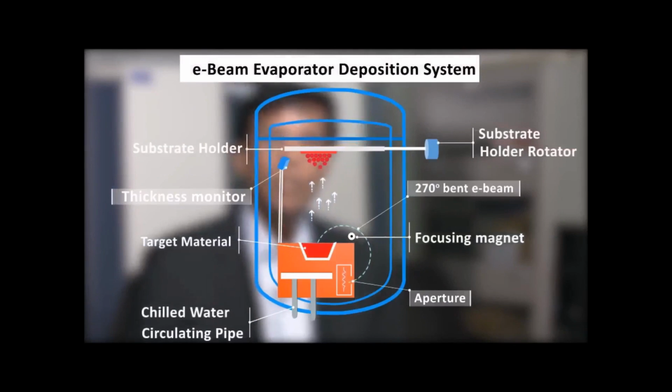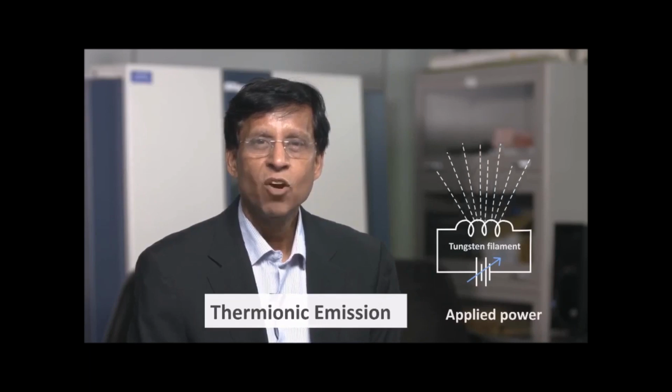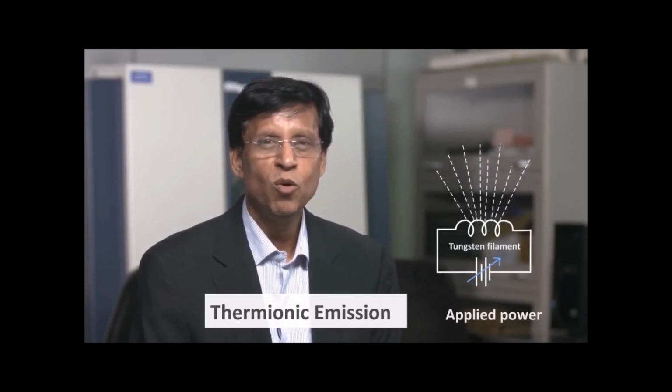In the E-beam evaporation system, electrons are thermally emitted from heated filaments, and these electrons are accelerated by applying a very high voltage, in the range of 4 to 20 kilovolts, and these filaments are located outside the deposition zone. This precaution is taken because if they were in the deposition zone, they would create contamination.